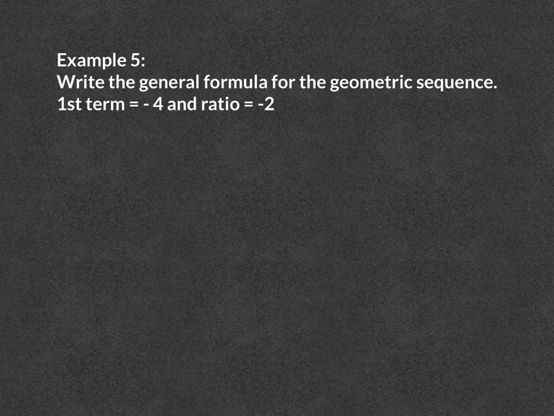Example number 5. Write the general formula for the geometric sequence. The first term equals negative 4, and the ratio equals negative 2. So we are looking for the general formula. The general formula means we don't know what n is. We can find the 10th term or the 20th term. So we're going to start off by writing the basic formula, which is a sub n equals a sub 1 times r raised to the power of n minus 1.